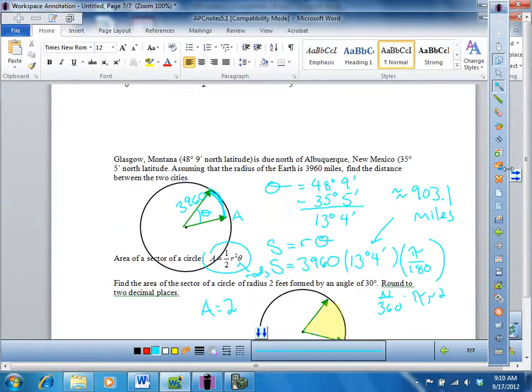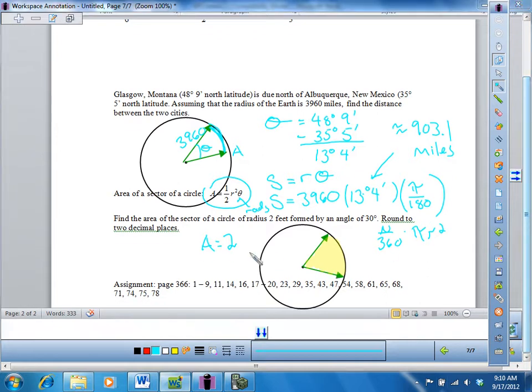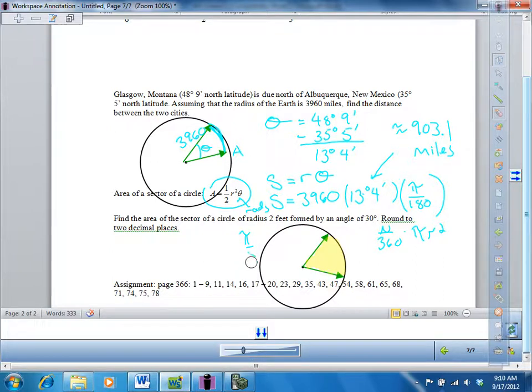And then, getting back to here, it's just 2 times pi over 6. What happened to the 1/2? I forgot about it. Okay? So A equals 1/2 times 2 squared, times pi over 6. That's better.